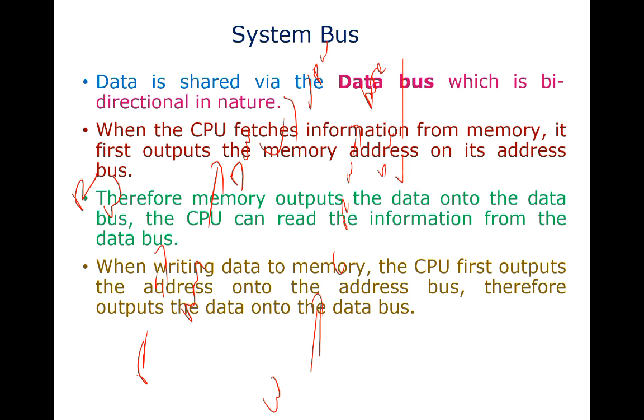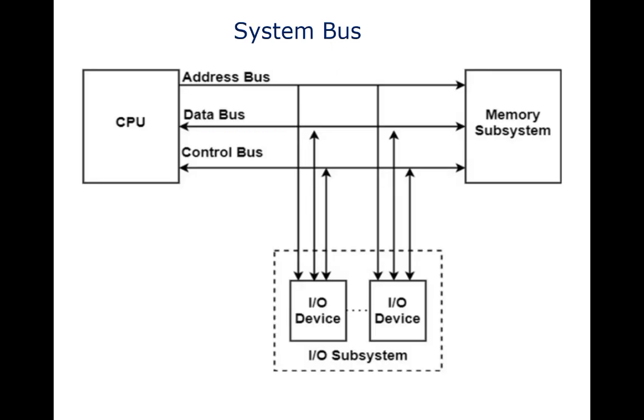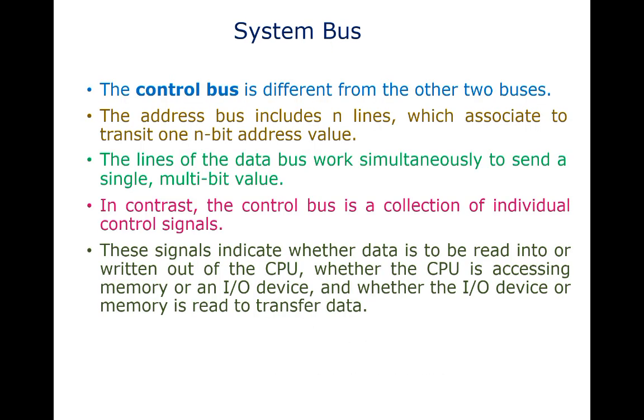The next is the control bus. The control bus tells what operation needs to be performed. For example, if the address bus has the address 1000H, the control bus carries the read signal, and then the data bus moves the data, for example 55.